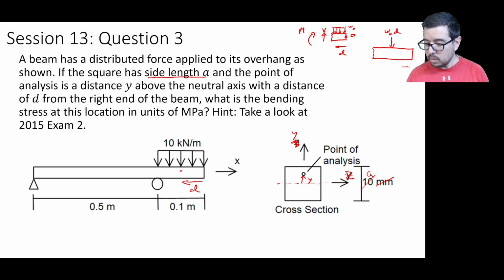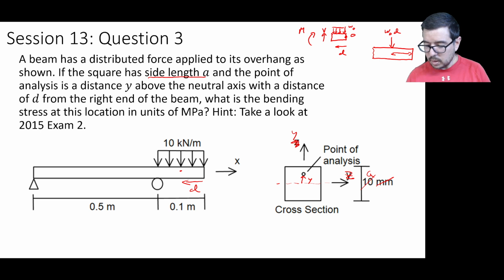right? So I didn't use X here. I'm just using this variable D. I could have used X1, X2, but we're just using D here. Okay, and this is going to be acting at a distance.